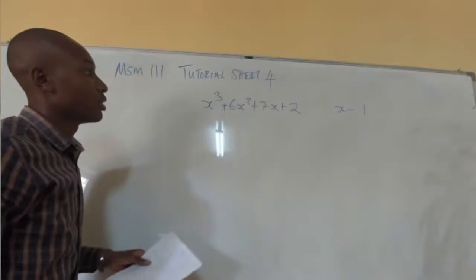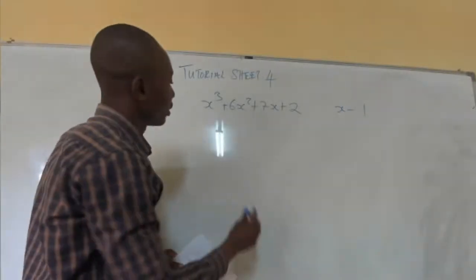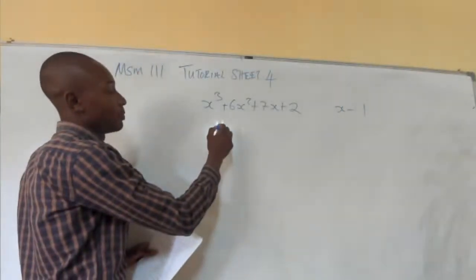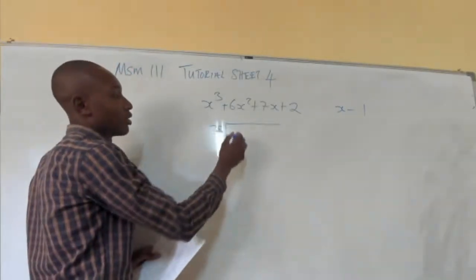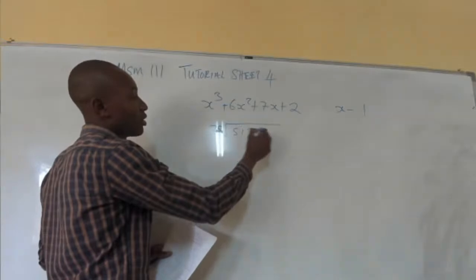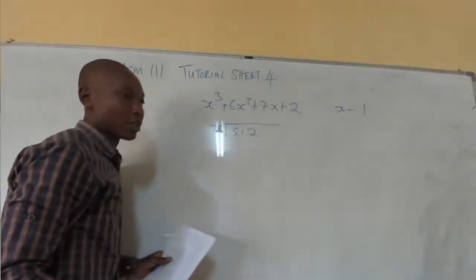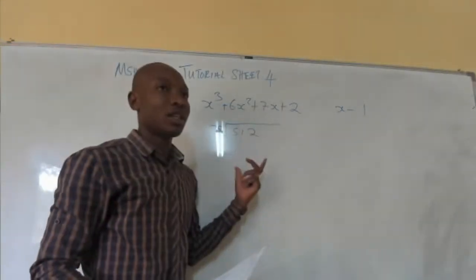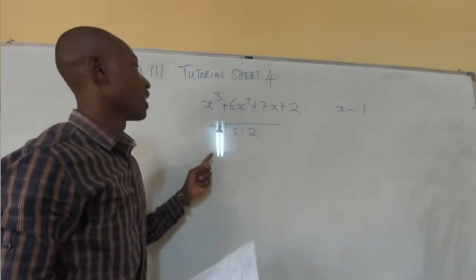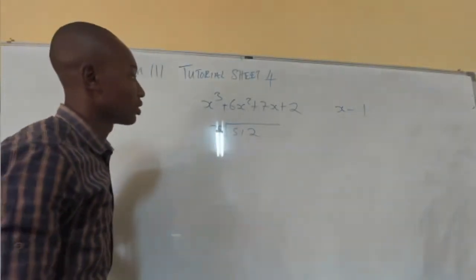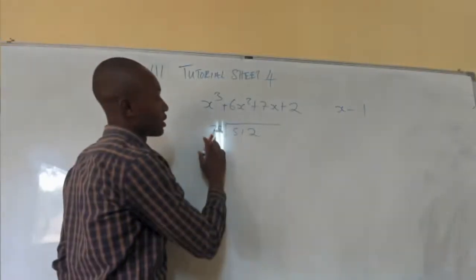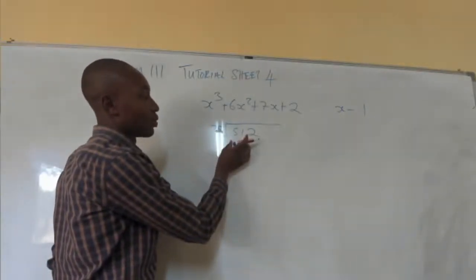Okay, so if I can remind you, for example, if you are trying to divide 5112 by 25, what we used to do is we first say what is 25 into 51.